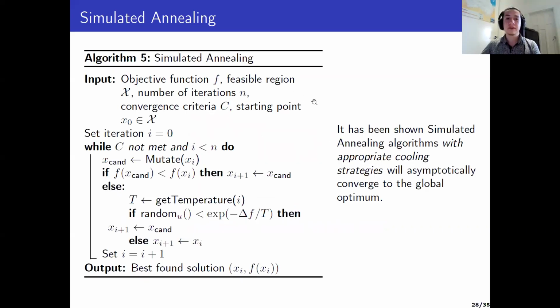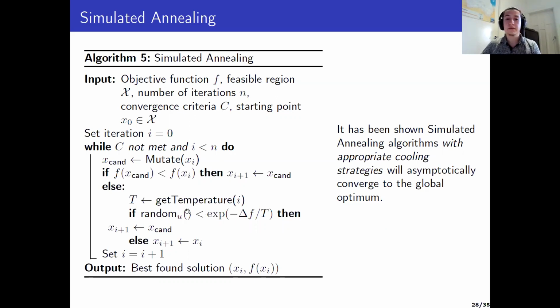So the algorithm is pretty much similar to the hill climbing algorithm. However, the difference is that if the candidate evaluated at the objective function is not better, it is worse than the function evaluated at the iterate, then I get a value for the temperature that depends on the current iterates, and I pick a random value from 0 to 1 from a uniform distribution.